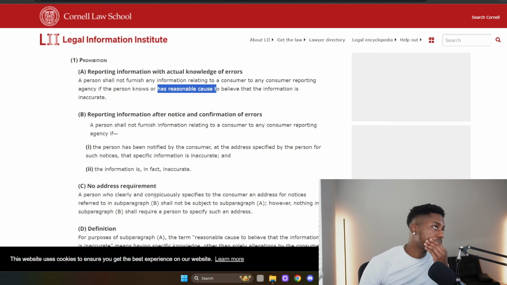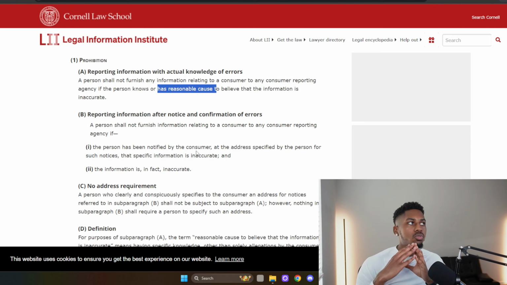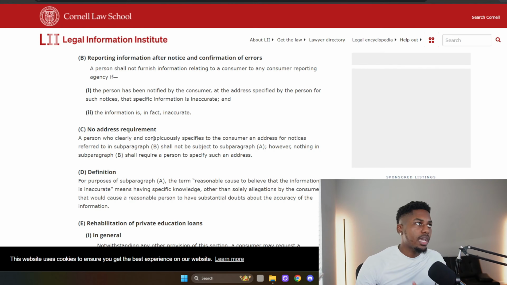Okay. So once you put it out there that you believe something to be inaccurate, they must do some proper procedures before they can continue to report this information. And then once they find out that it was inaccurate, and accuracy means that it must be 100% accurate, okay, then in fact, any and every information can be taken off your credit report. Okay.